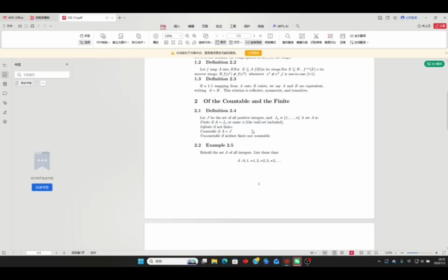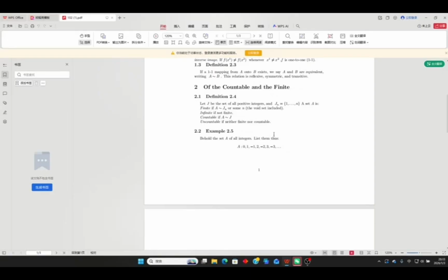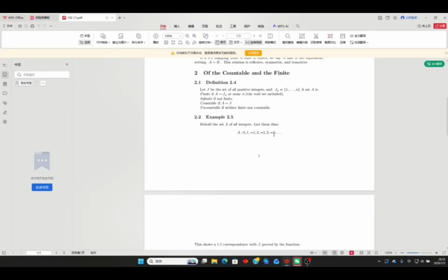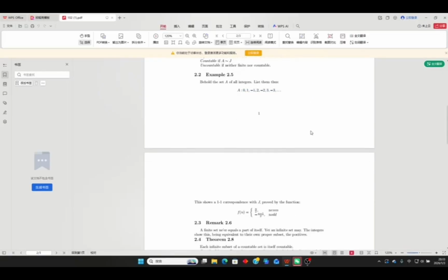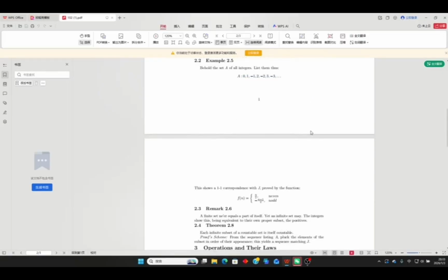We say a set is uncountable if it is too large to be listed even in an infinite sequence. For example, the set of all integers is countable, and we list them as 0, 1, -1, 2, -2, 3, -3. This shows a one-to-one match with J.